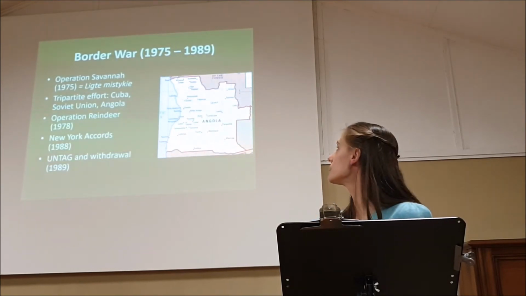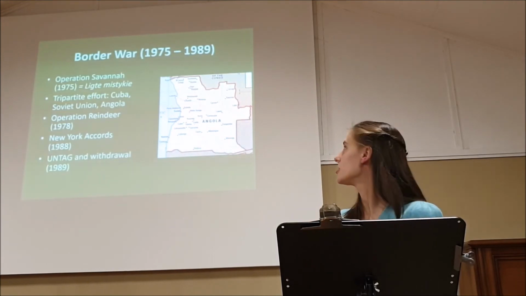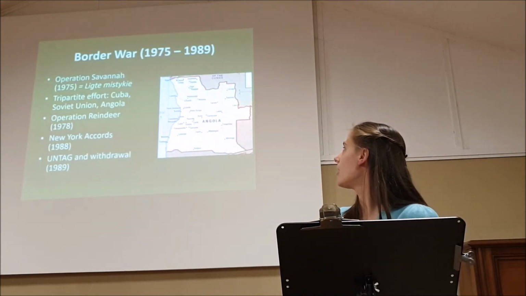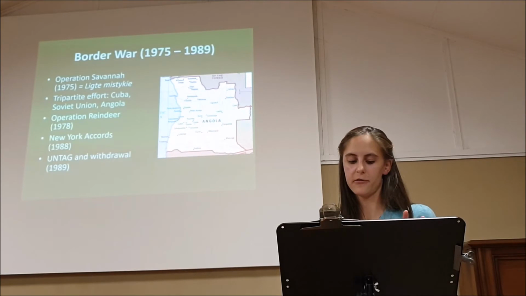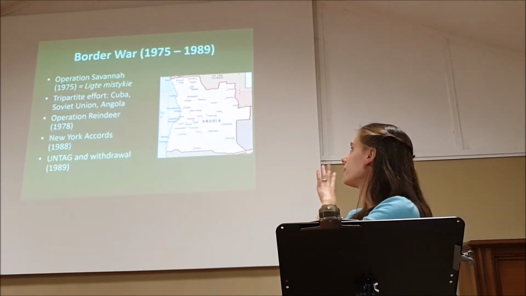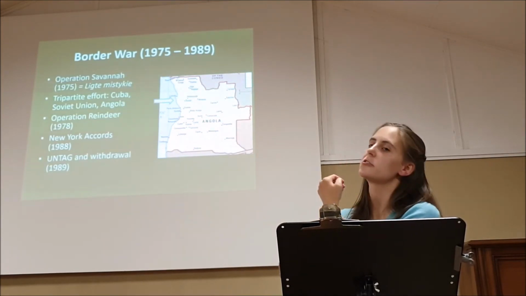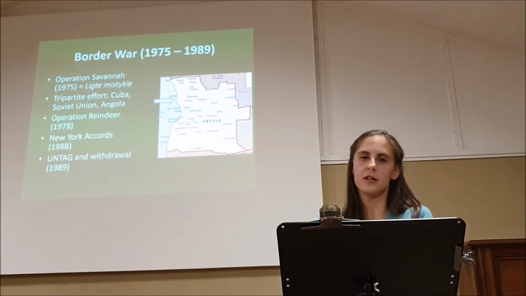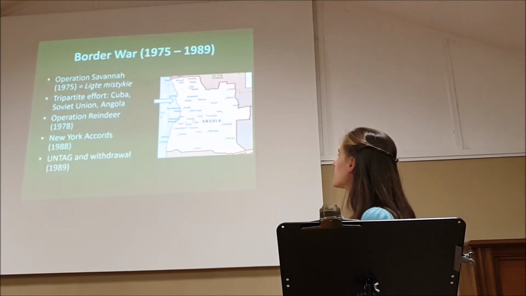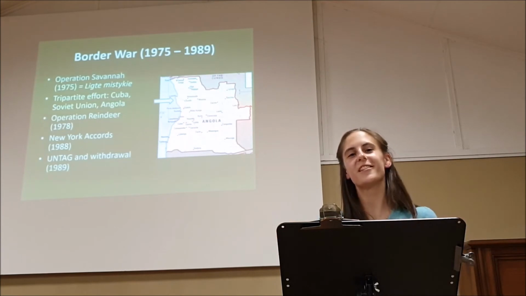South Africa invaded from the south, obviously, and was marching to Luanda, along with UNITA, since UNITA was in control of areas south of Luanda, and they got to about 120 kilometers south of Luanda. So the South African forces, well, they went in pretty far.